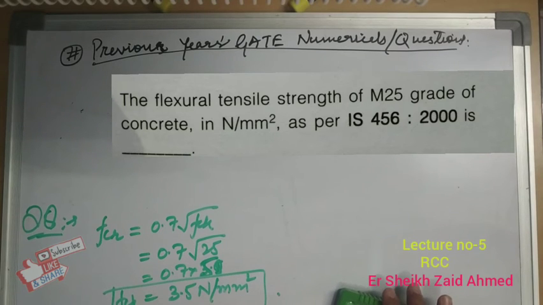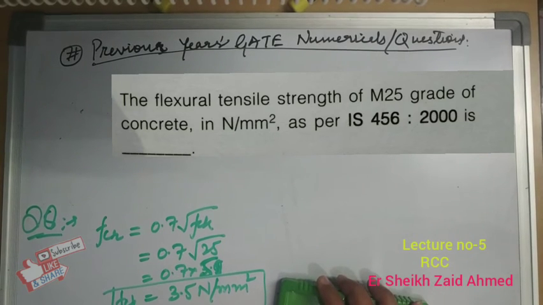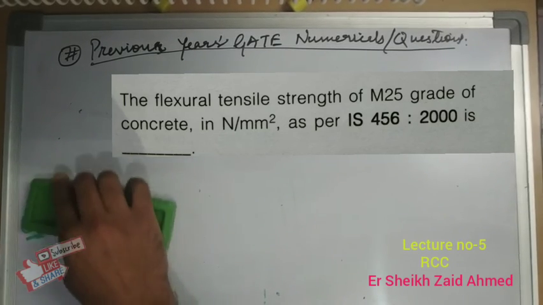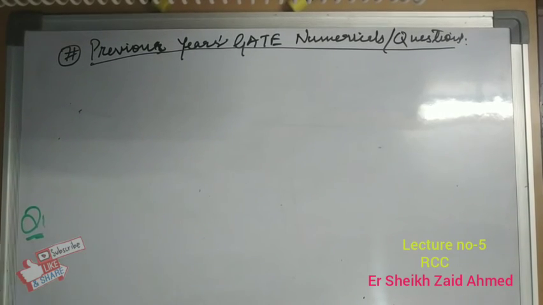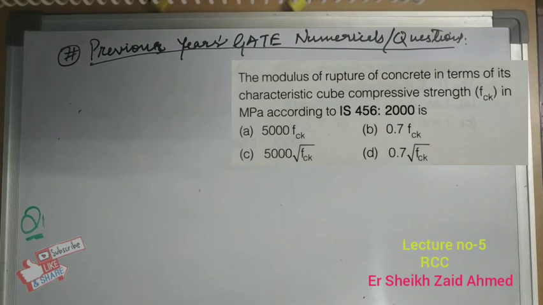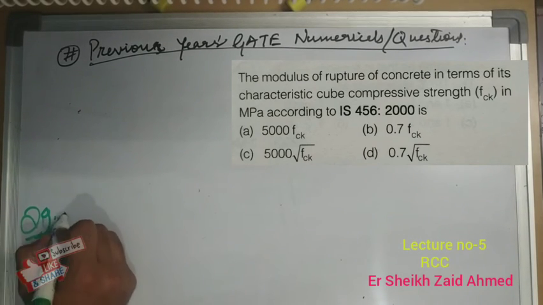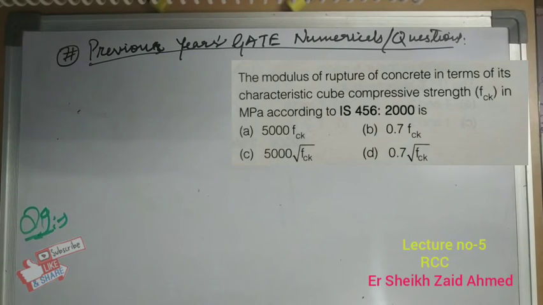So this was a numerical data type question. Now moving on to the next question. Our next question says the modulus of rupture of concrete in terms of its characteristic cube strength in MPa according to IS 456 2000 is.